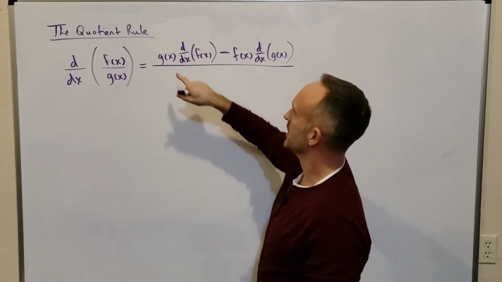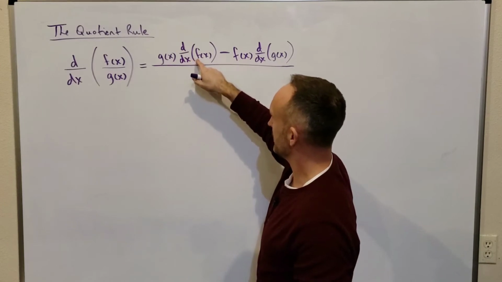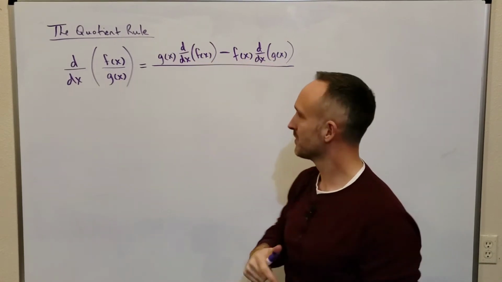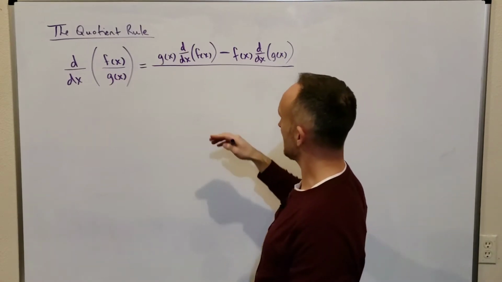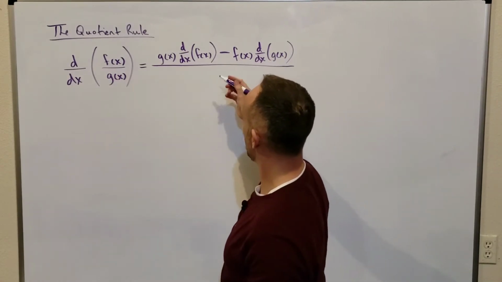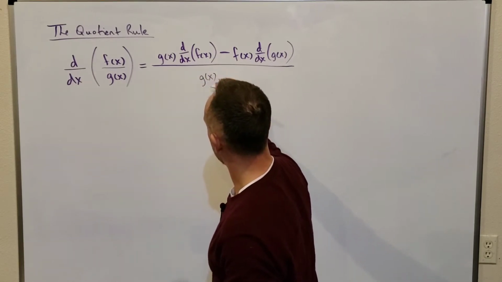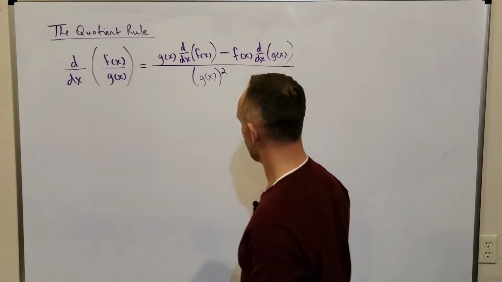So it's very important you do the bottom times the derivative of the top minus the top times the derivative of the bottom. That's one way to remember it. And then all of that is divided by the bottom, g of x is the bottom, squared. Okay?